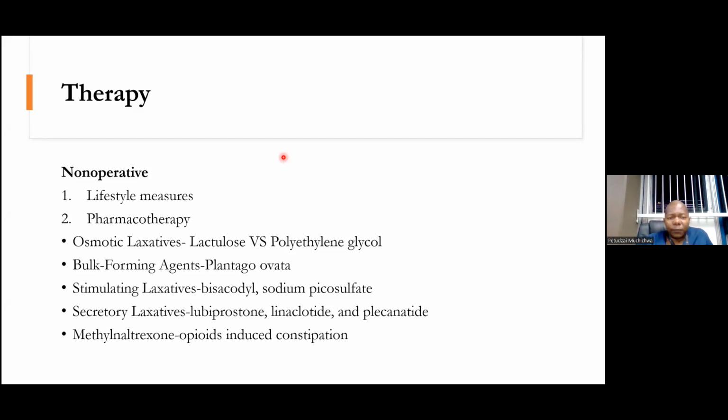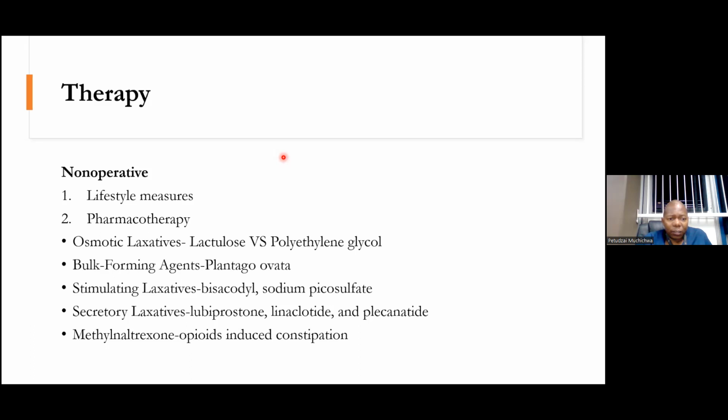Then you advise adequate fluid intake, 1.5 to 2 liters per day, physical activity, and avoidance of food and medication that cause constipation. Once these lifestyle measures have failed, we move on to pharmacotherapy.